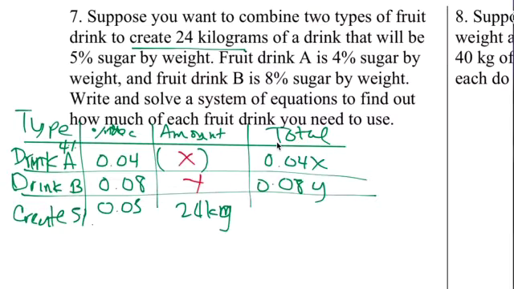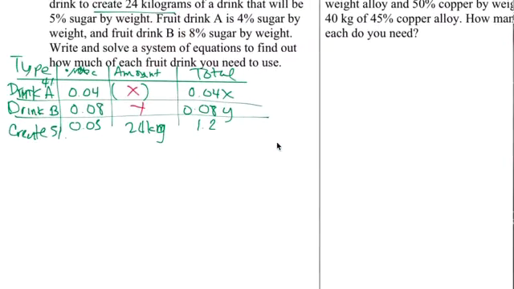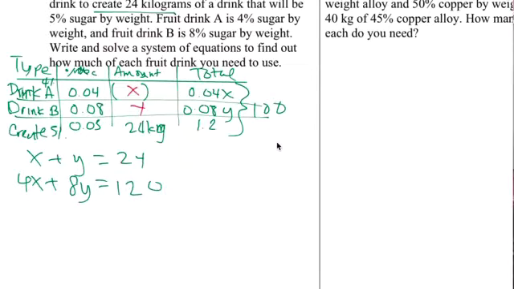0.05 times 24 gets 1.2 kilograms. So set it up. x plus y equals 24, and I'm going to multiply this by 100, so I get 4x plus 8y equals 120.